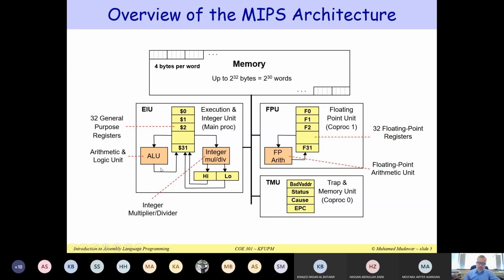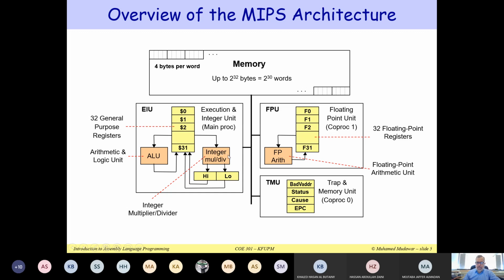There is an ALU, which is the arithmetic and logic unit. This ALU is used to execute the instructions. The ALU is going to read registers, typically 2, and then is going to write the result into a destination register. So any register can be read, and any register can be written except register 0. It cannot be modified.